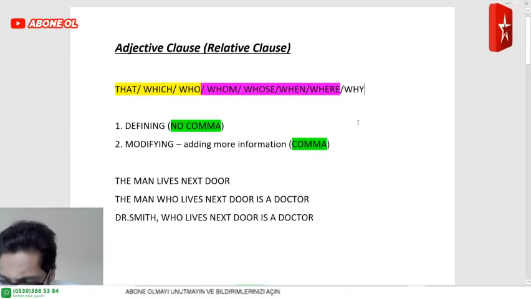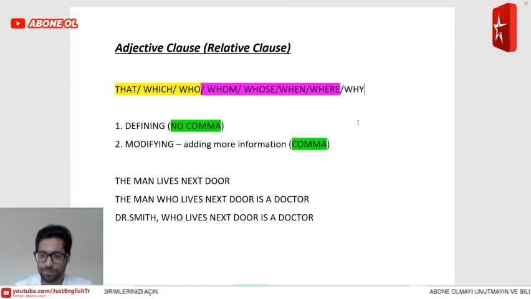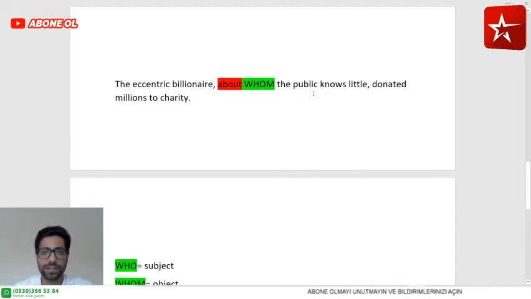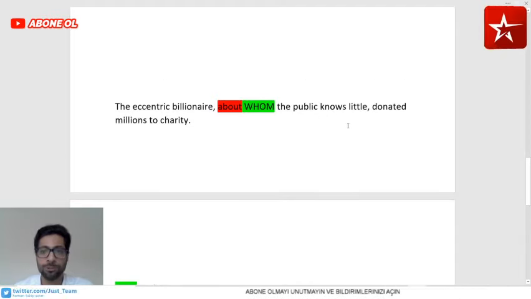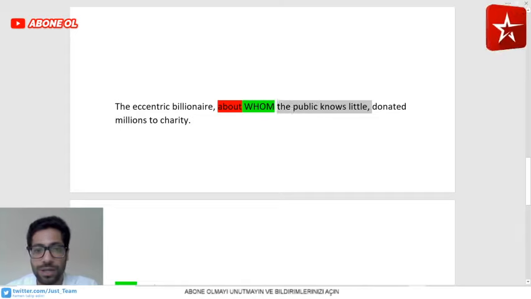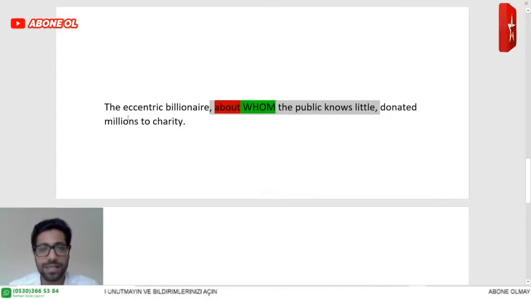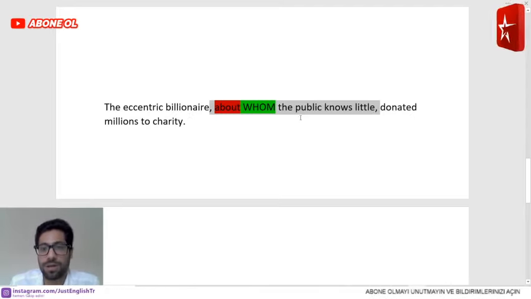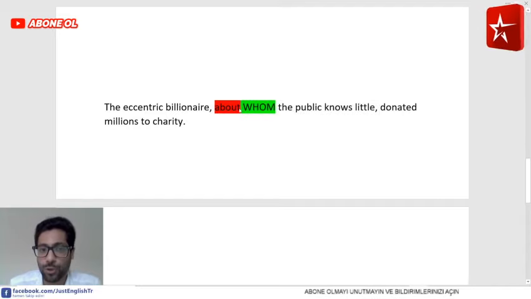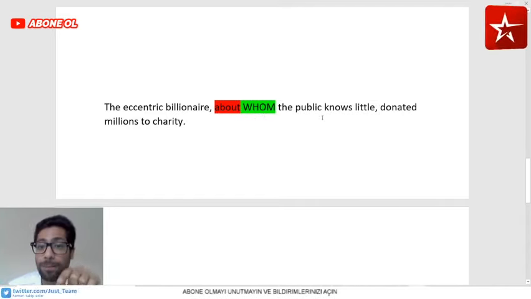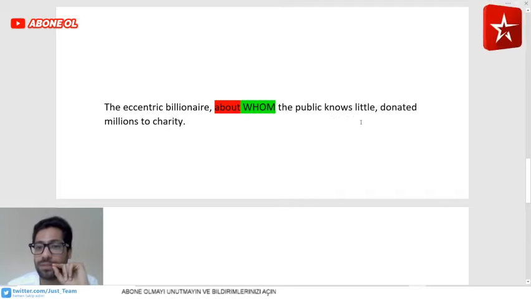Mr. Arif asks, why do we put a comma before about whom? Is it not defining? No, sir, it's not defining. It's adding information because we don't need this part. The sentence, the eccentric billionaire donated millions to charity, is complete. But afterwards he added information: who is that eccentric billionaire, about whom the public knows little?